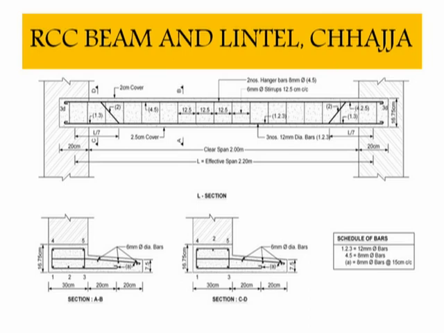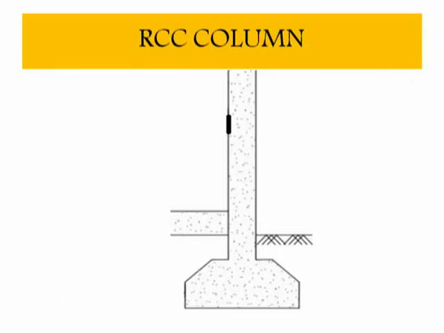So this is an example of an RCC beam, lintel and the chhaja. Here is a picture of an RCC column. The column is constructed for transmitting the load vertically.